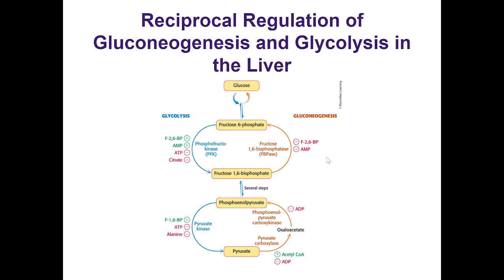Now over here, what we see is gluconeogenesis. This is actually going to be inactivated by F26BP and AMP. So if we have a lot of AMP, we're actually going to inactivate this. Why would it inactivate from AMP?